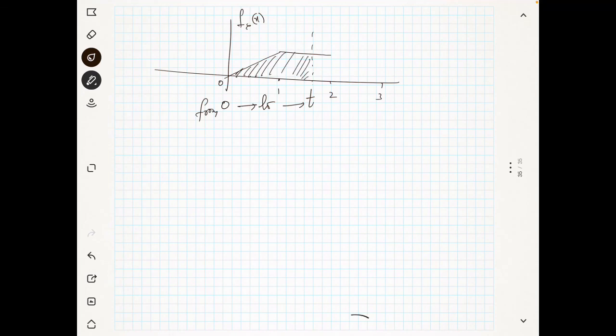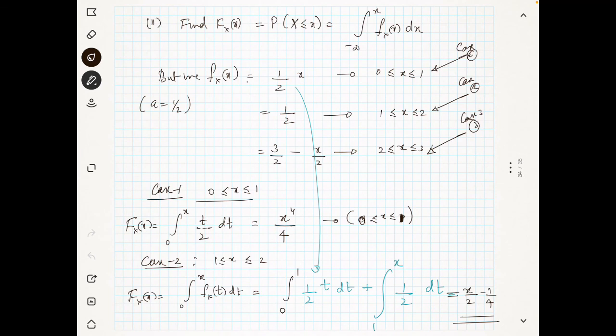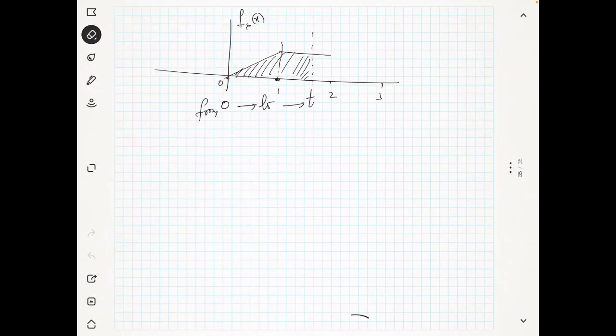That's why we use the integral from 0 to 1, since 0 to 1 is fully covered, and after that 1 to x, so up to this point we have to cover. The dummy variable is t, just changing the notation for the integration purpose.